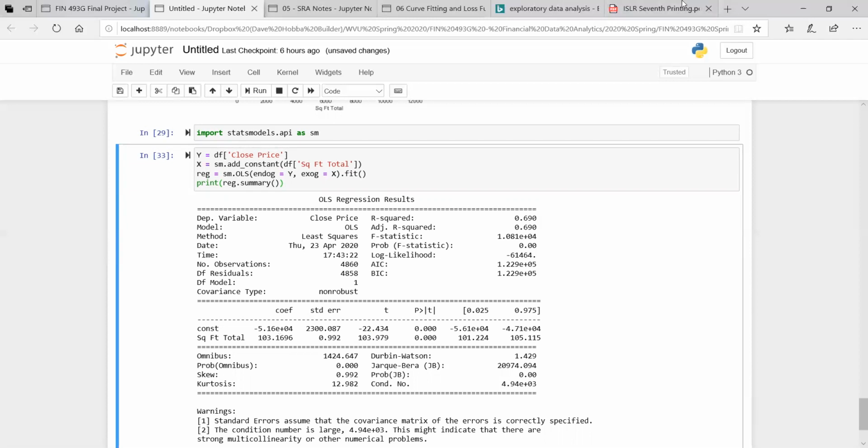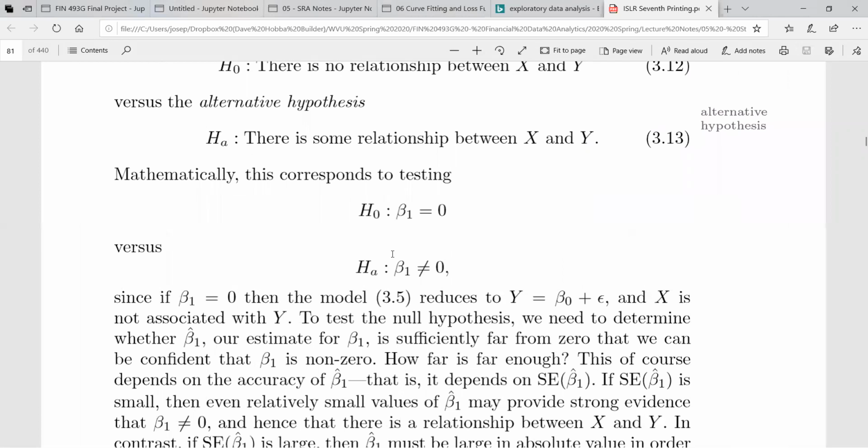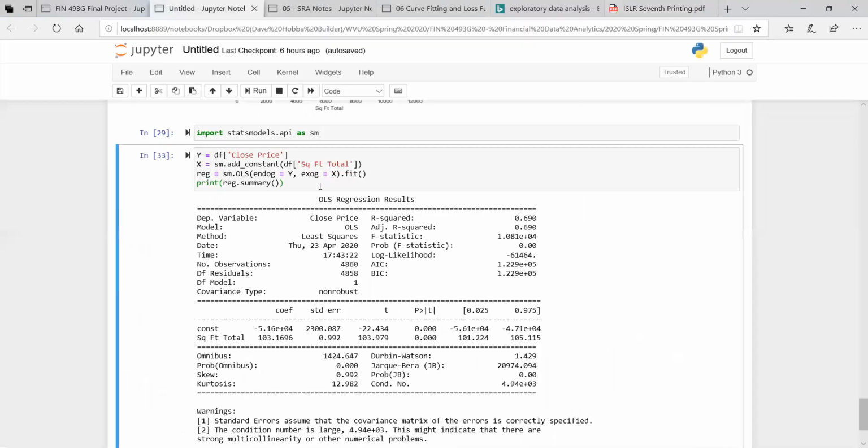And then the alternative hypothesis would be that it's not 0. It could be positive, it could be negative, but there is a relationship. So this is the alternative hypothesis, and you're trying to prove that it's true. So the burden of proof is that there is a relationship.